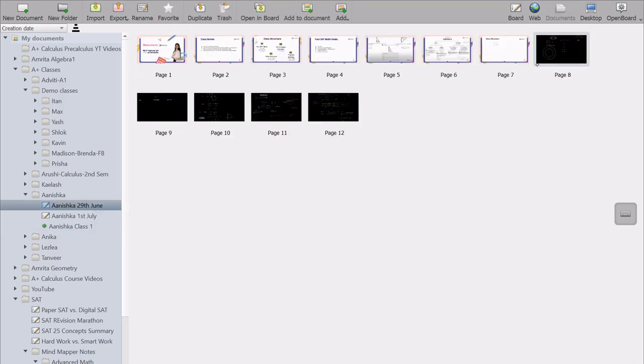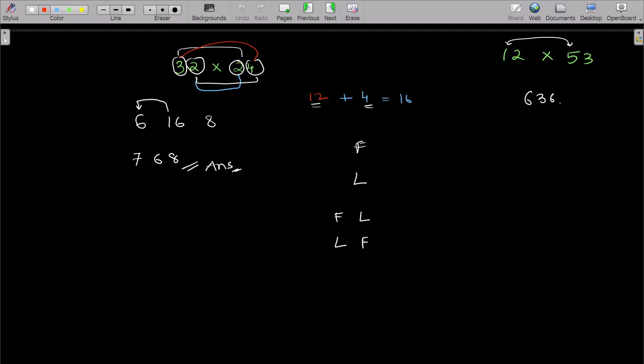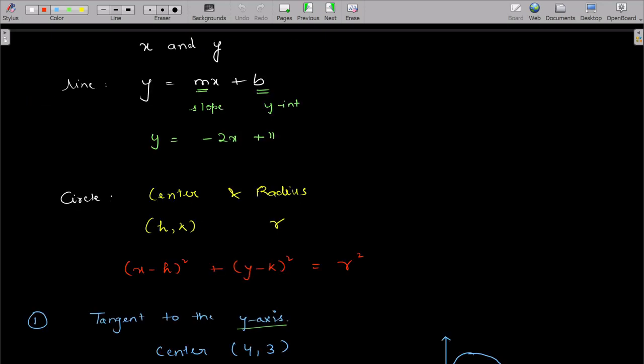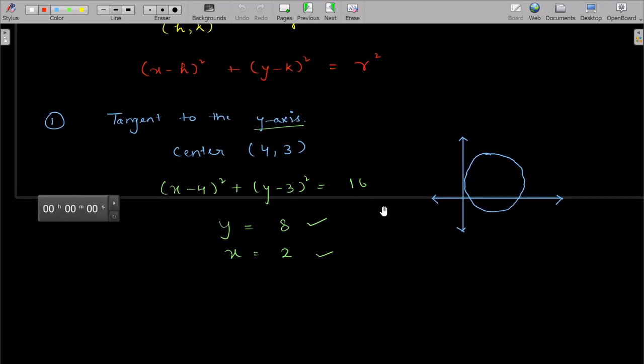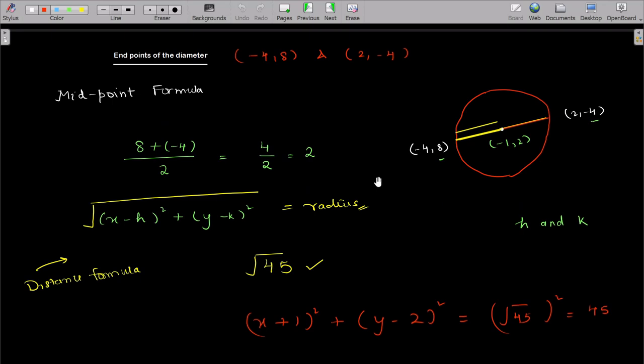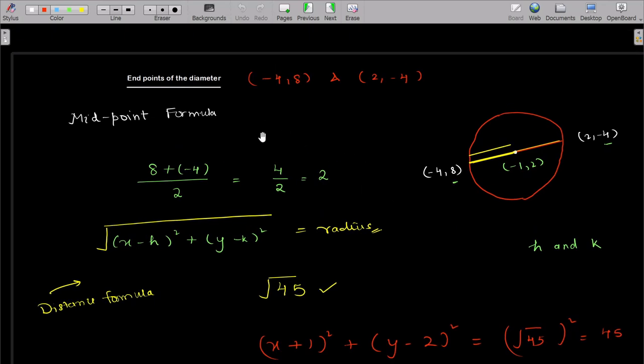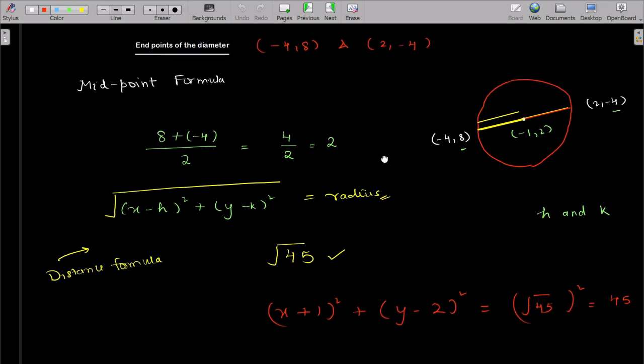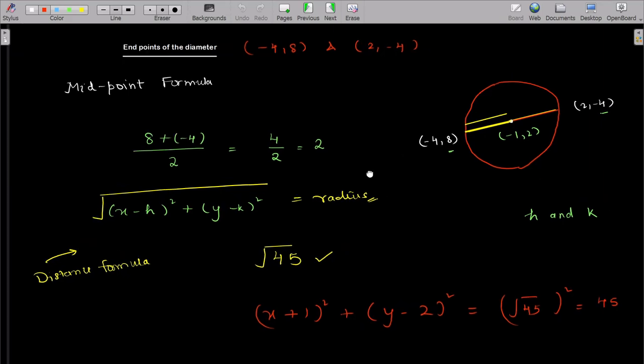Let's just quickly see what all we did. We did the equations of circles. In the first class, we did a question type in which a circle is tangent to some axis. It can be tangent to the y-axis, it can be tangent to the x-axis. Then we did a question in which the end points of a diameter are given, and we have to find the equation of the circle.